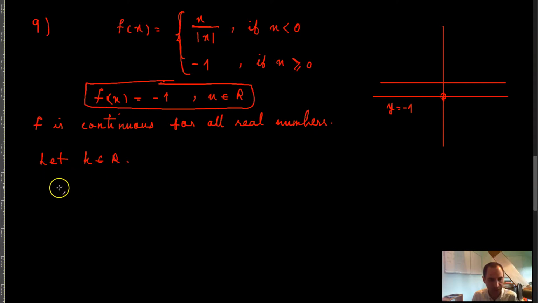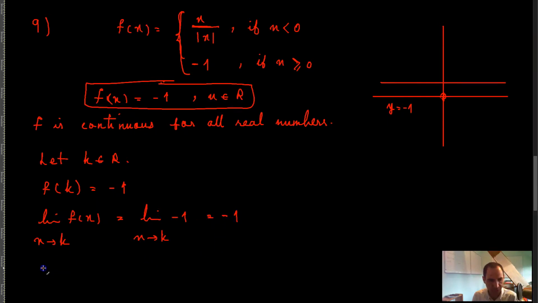Therefore, f of k is equal to -1 if k is any real number. And the limit of f of x as x tends to k is equal to the limit of -1 as x tends to k, which is -1.